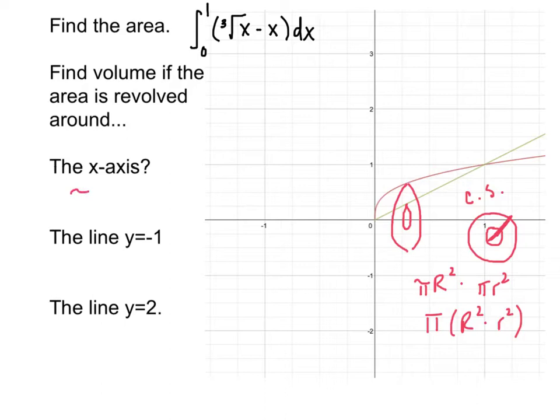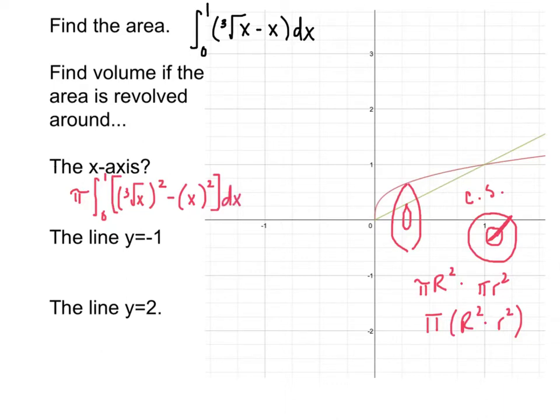So I'm going to have pi up front. I like to have my multiplier up front. We're going to integrate from 0 to 1. We're going to have the big radius squared. The big radius was the bigger function, so cube root of x squared, minus the little radius, which was just x squared. And this is how we will get the volume.